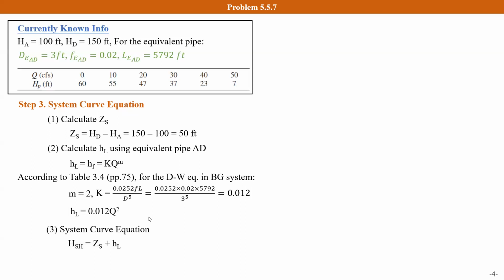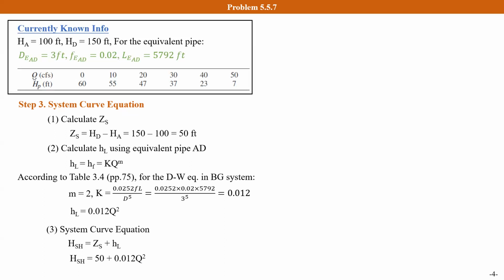Then we can get the system curve equation. It equals the water rise plus the head loss, which equals 50 plus 0.012 times Q to the power of 2. So currently we have the head loss and the system head.